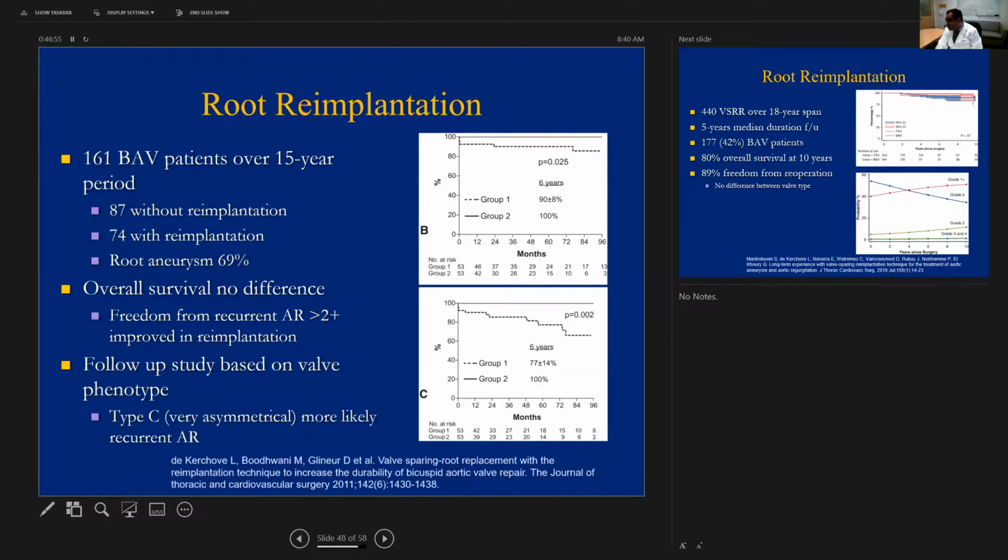This is by Dr. El-Khoury's group, which is probably the busiest and the most premier bicuspid valve repair group in the world. Their group and Dr. Schaefers' group are the most aggressive and have the most experience. Dr. Schaefers is from Germany. And you can see in their series of 161 bicuspid patients, they did a matched study looking at 53 patients who had a valve-sparing root reimplantation and 53 patients who had other techniques such as subcommissural annuloplasty.